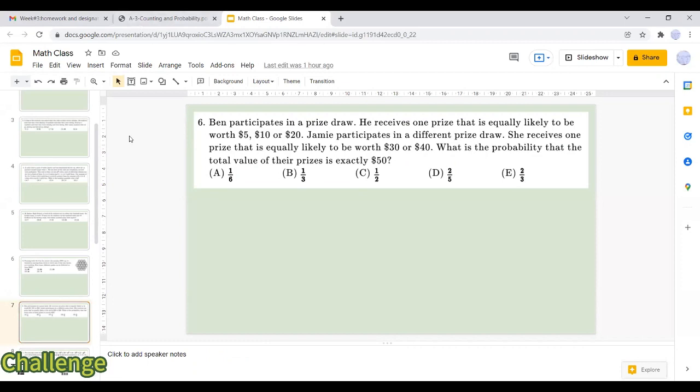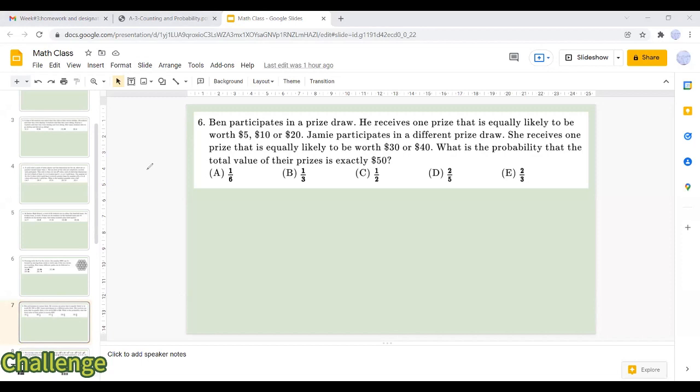Yes. Okay. So we know that these prices are all equally likely. So for the first one, we want to make 50. And so first we can see the total amount of possibilities. There's 3 possibilities for Ben and 2 possibilities for Jamie.